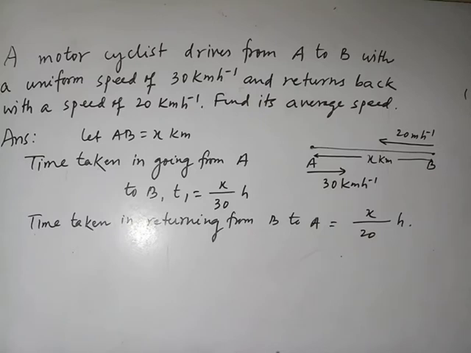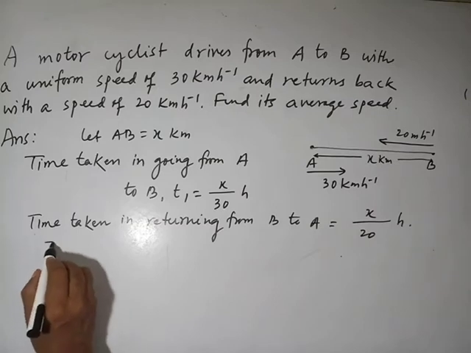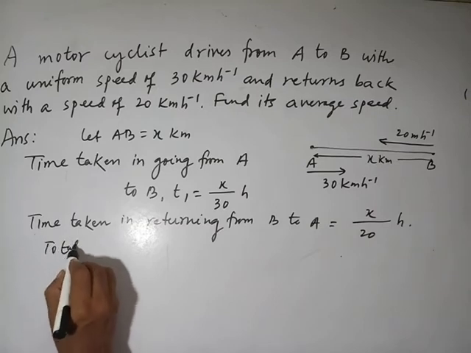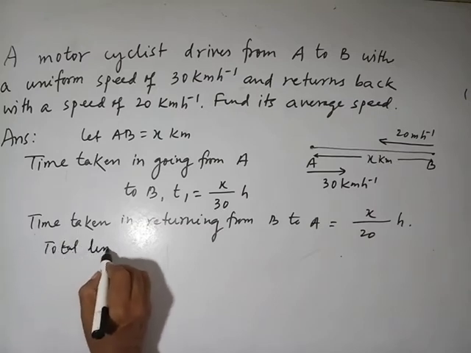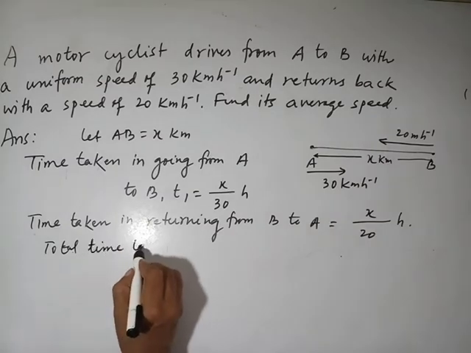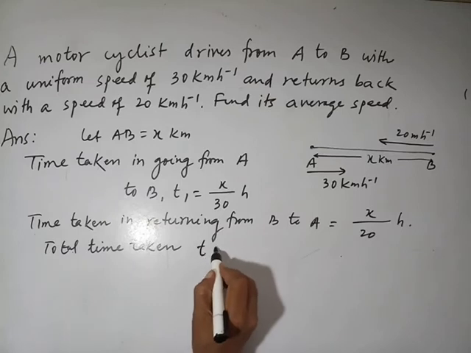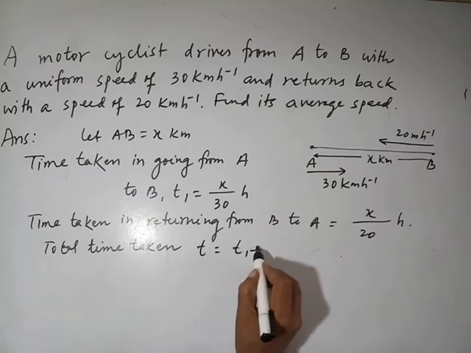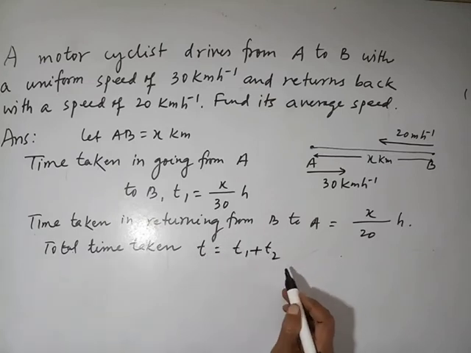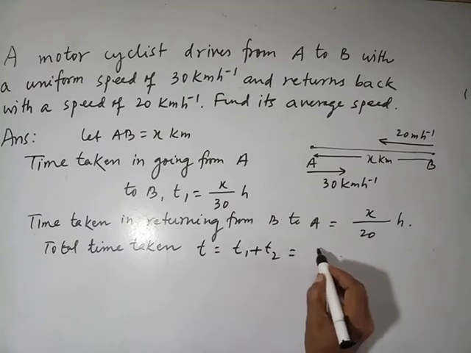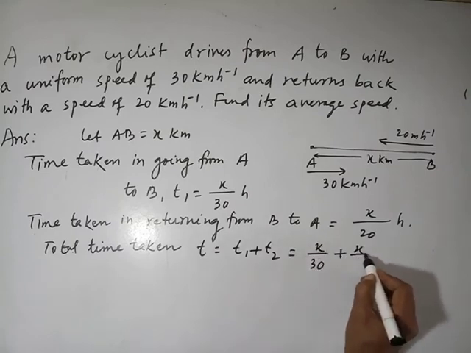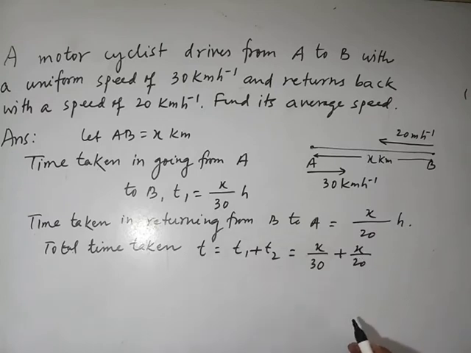And the total time taken is how much here? The total time taken T is equal to T1 plus T2, and that is equal to x by 30 plus x by 20.